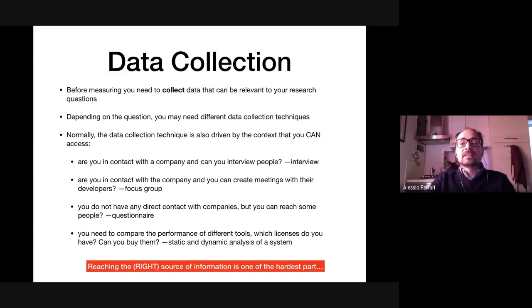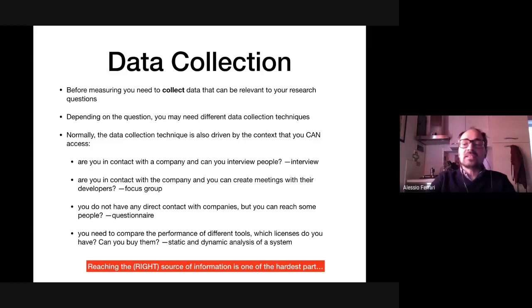Or you may be in another situation in which your research question asks you to compare the performance of different tools for a certain task, for example, for testing or to facilitate debugging. But you have to consider also, do you have the licenses for this tool? Can you buy them? Do you have the money to invest in them?